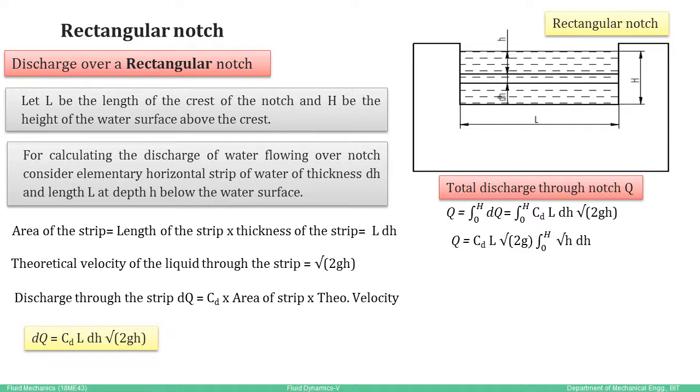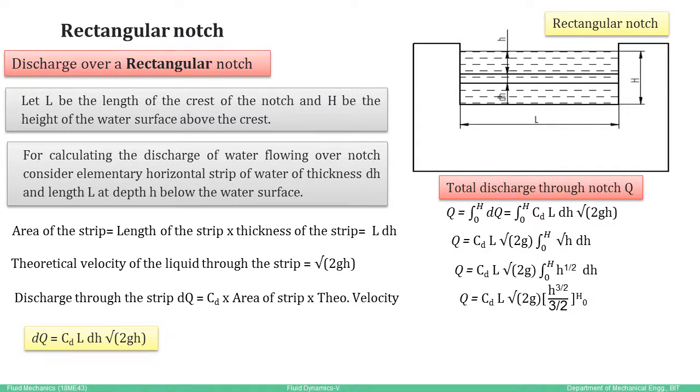So you can write Cd into L root of 2g times the integral of root of h with respect to h, varying from 0 to H. Now root of h is h to the power of half, and integrating it, h to the power 3/2 divided by 3/2.